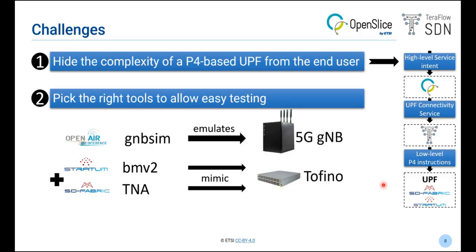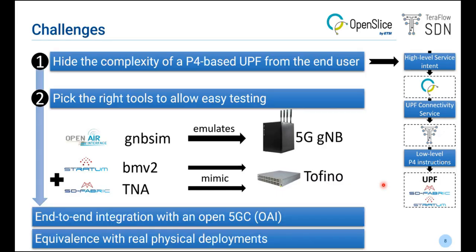And then as an equivalent of a real Tofino, let's say, switch, which would be the case for a network operator, we use ONF's legacy systems like Stratum and SD-Fabric to actually provide an equivalent implementation, which works in both cases. All this is end-to-end integrated with a real 5G system based on Open Air Interface, and it provides equivalence with the real deployments.